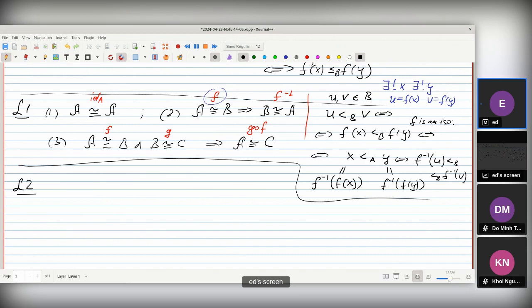For example, minimum is defined in terms of our orders: every element which has nothing less than it in that set. So that means that an isomorphism would map such an element to another minimum.